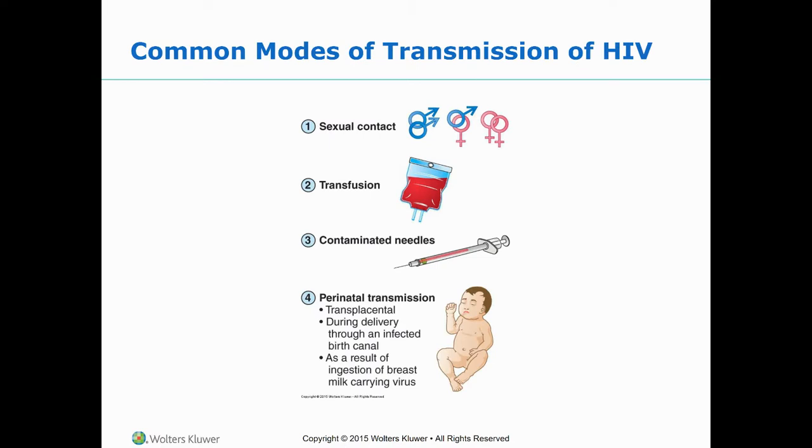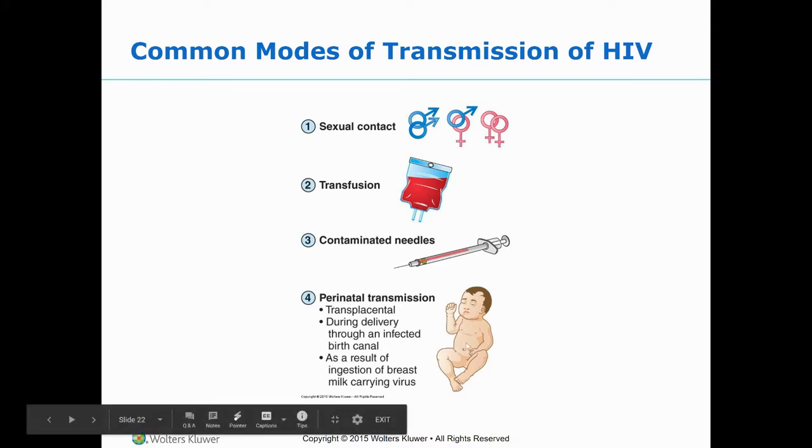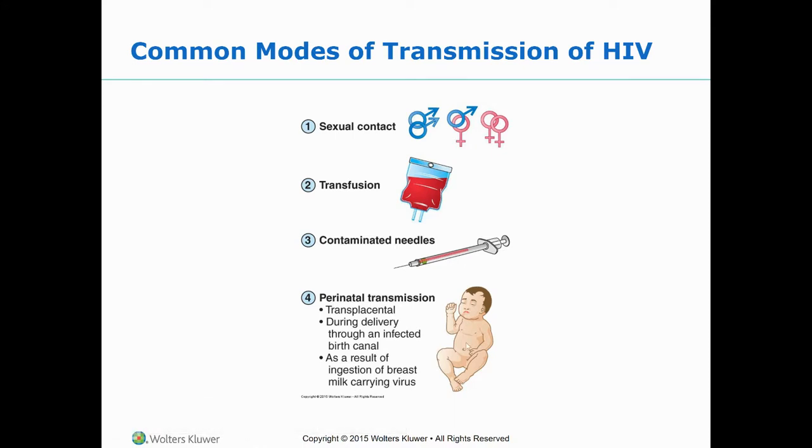For the most part, it comes through sexual contact, but you can also get it through a blood transfusion or using a contaminated needle. That's why a lot of drug users were experiencing HIV. It can also occur through mother to child during delivery, though it's not quite as common anymore because we have many modes of preventing this.